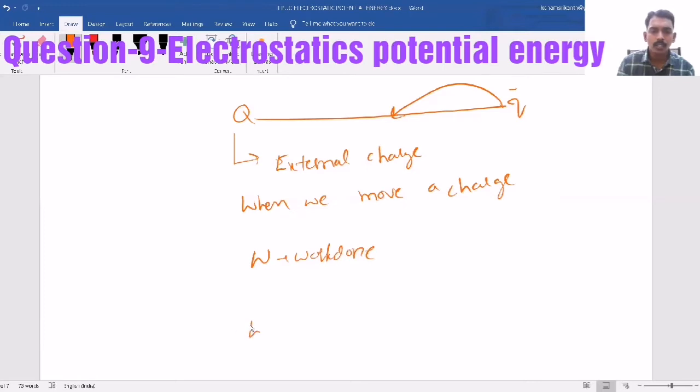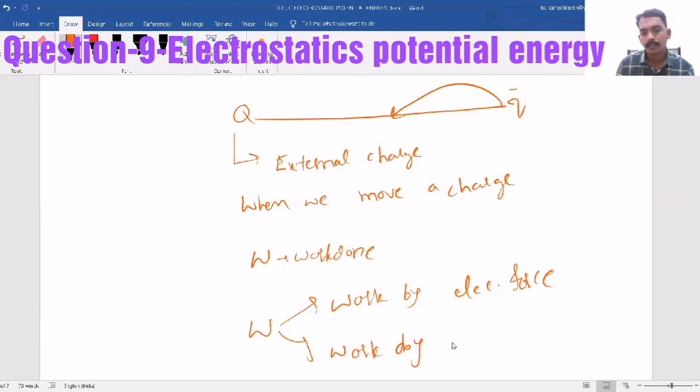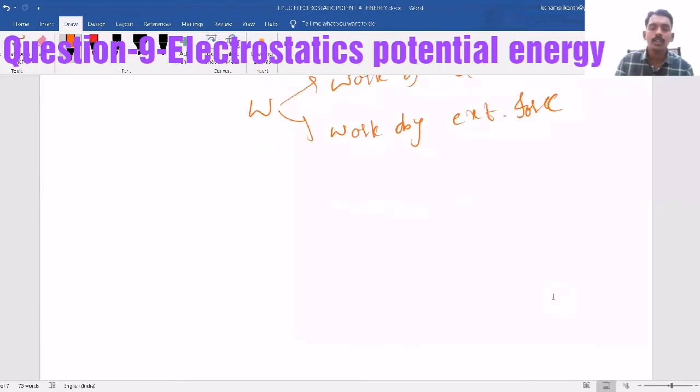Now here work is of two types, that is work by electric force, and another is work by external force.